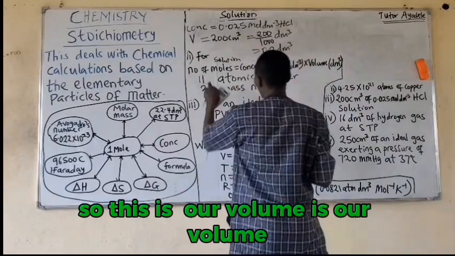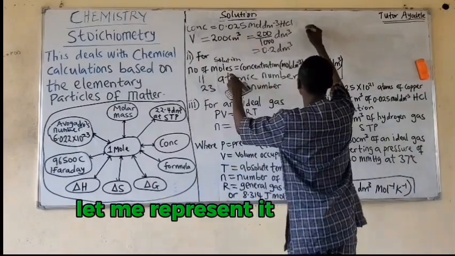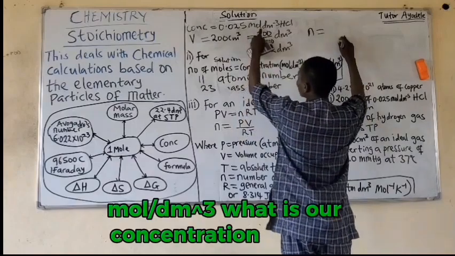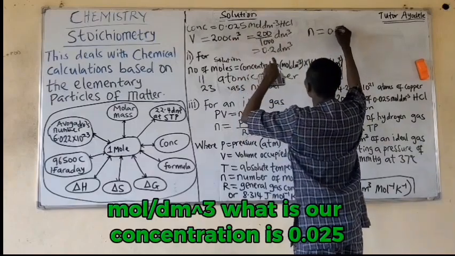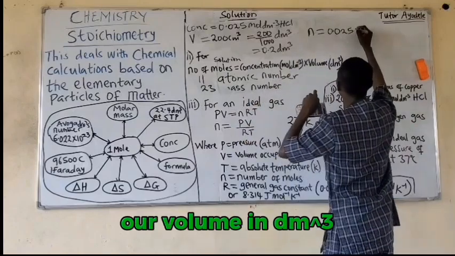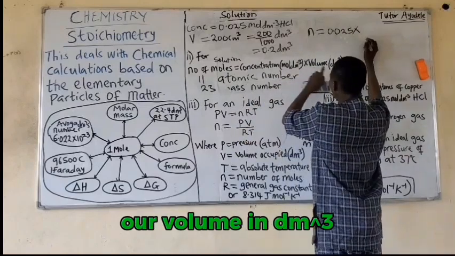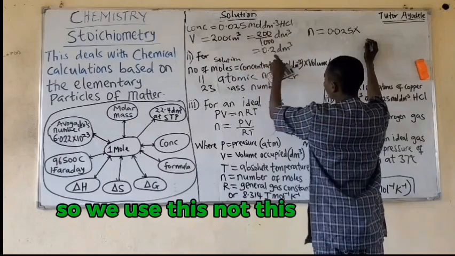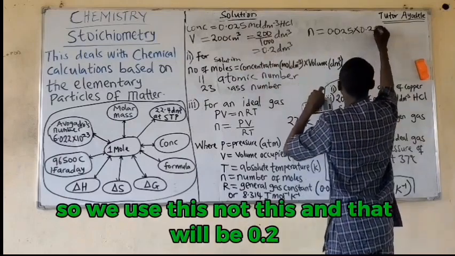Now, number of moles, let me represent it as N, equals concentration in mole per dm cube, which is 0.025, times our volume in dm cube. We have converted our volume to dm cube, so we use this, not that. That will be 0.2.